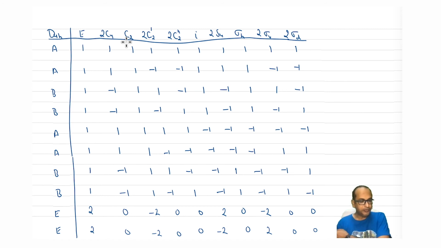Okay. And if there is no perpendicular C2 axis, then we have to go to sigma V. Also, we can take symmetry under inversion, which will give me a subscript of G or U.